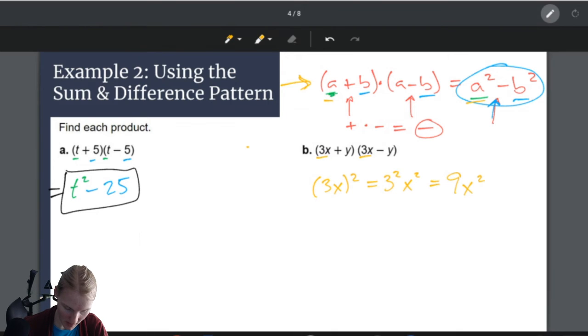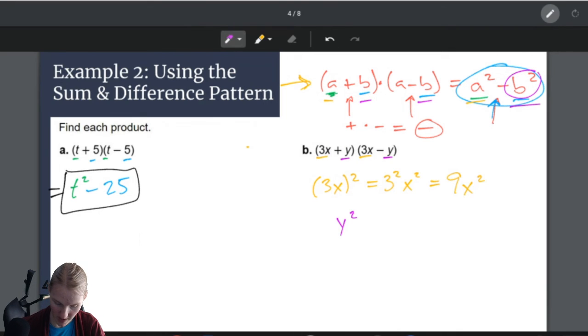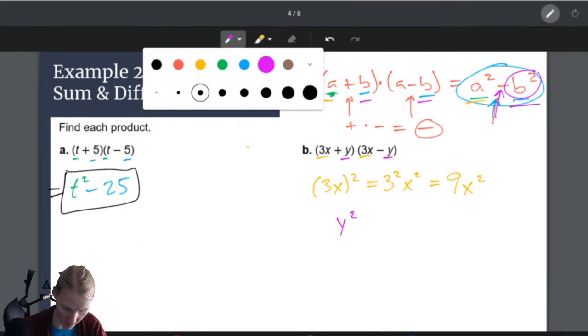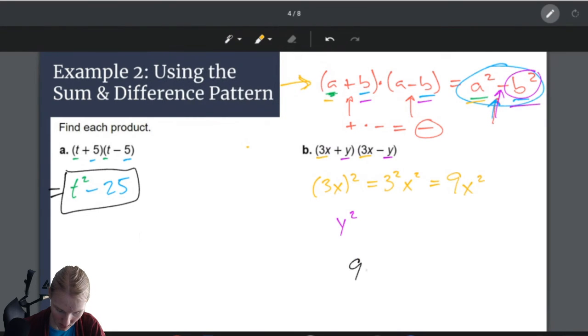Next, we're going to take the last term, the b here, and square it. So y squared, just y squared, just like that. Now all we have to do is take the first term, our yellow term, minus our second term. So our final answer will be 9x squared minus y squared.